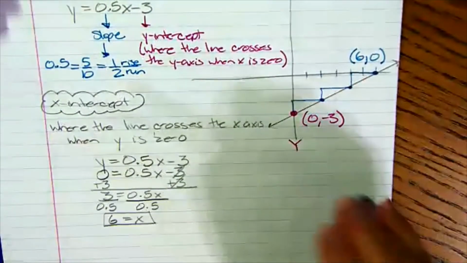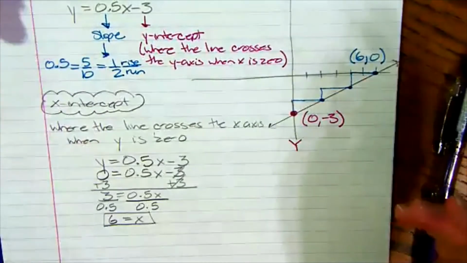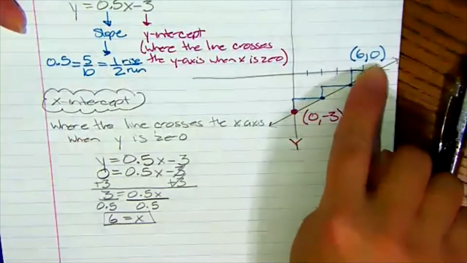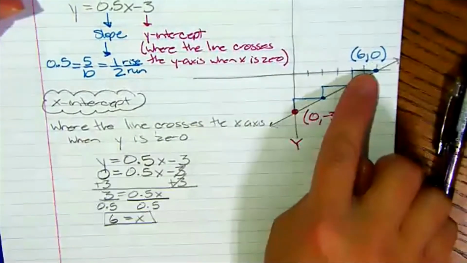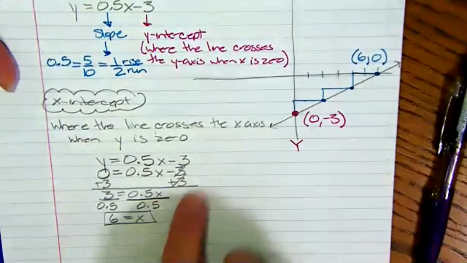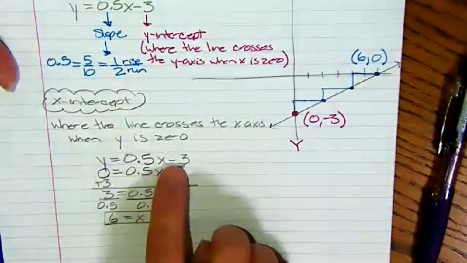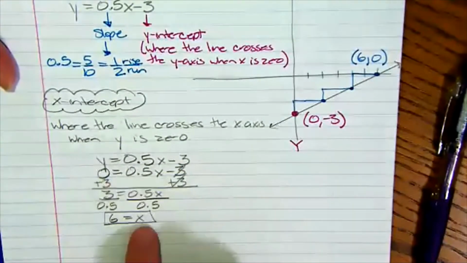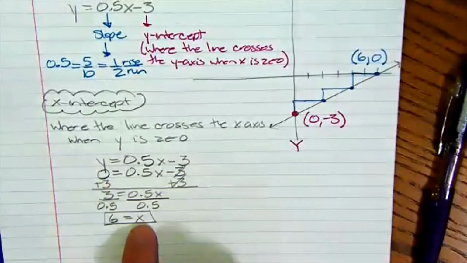And in this case, the question asked, what is the x-intercept? Well, where does the line cross the x-axis? And to confirm that, you can always use the same formula and set y to 0, and that will tell you where it crosses the x-axis. Okay?